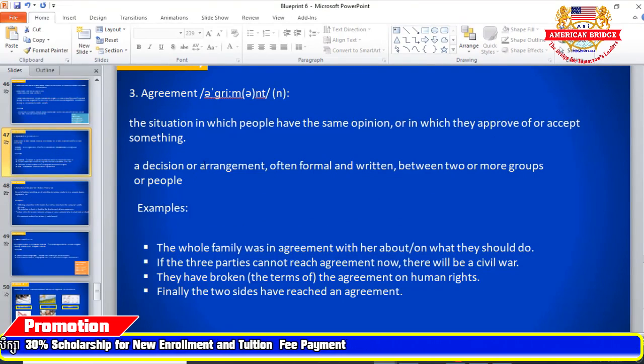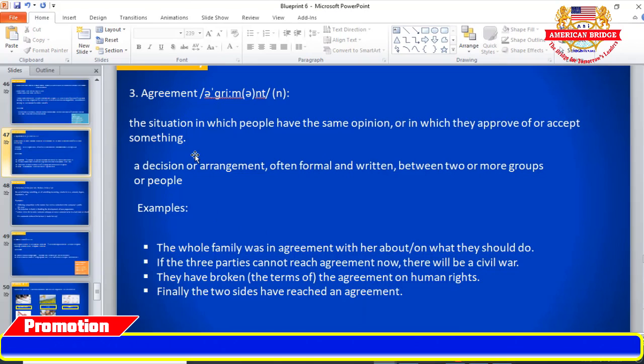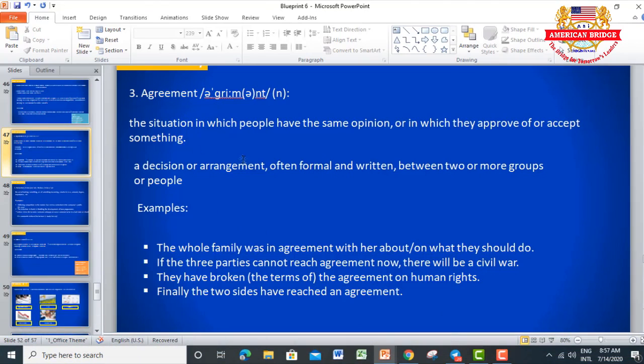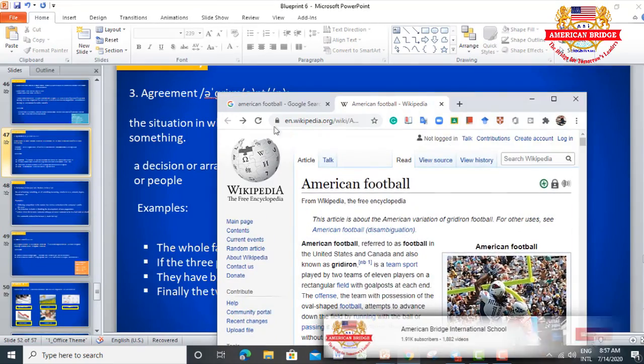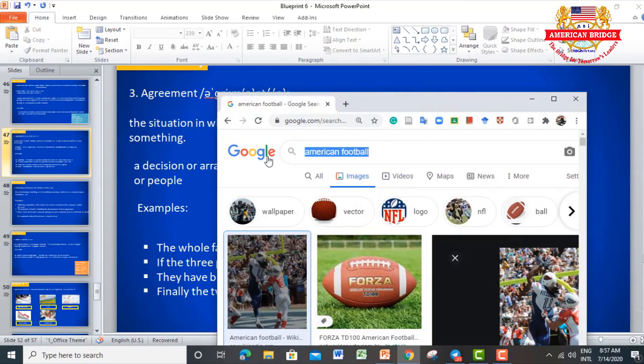What about the word agreement, everyone? Okay, agreement means a situation in which people have the same opinions, in which they approve of or accept something. Teacher also gives you another example of the agreement.